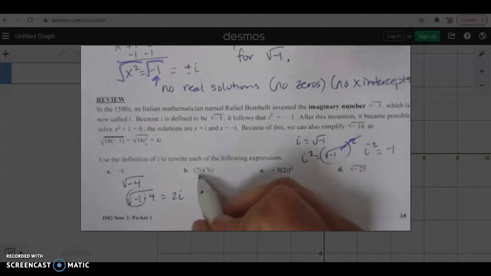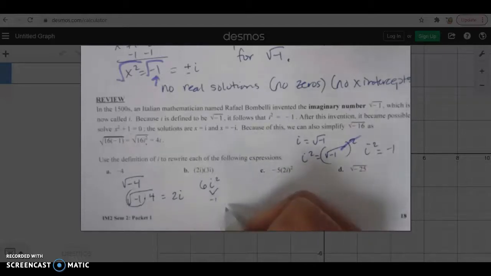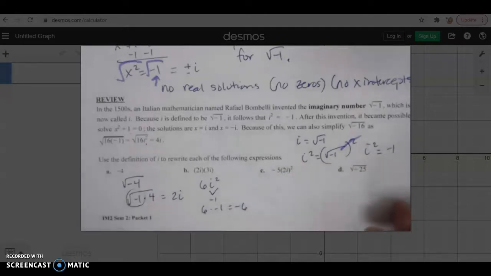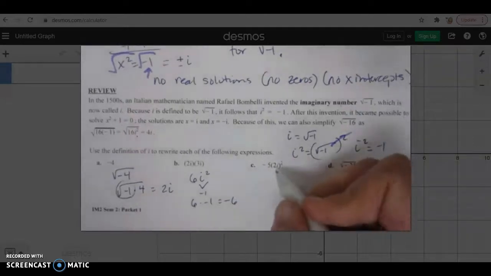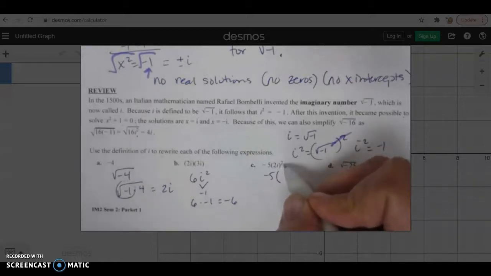Let's multiply this. 2i times 3i. 2 times 3 is 6. i times i is i squared. Here we need to remember that i squared is equal to negative 1. So this is really 6 times negative 1, or negative 6. Let's go right here. Negative 5 times, this is to the power of 2.